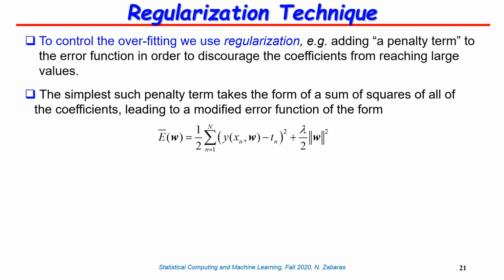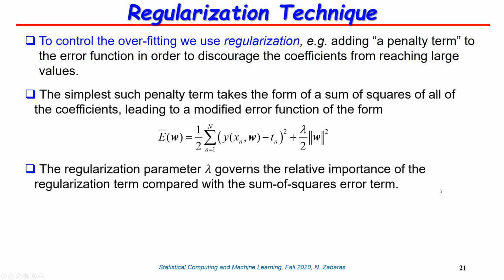I mean, of course, we have m, the order of the polynomial, and we have the type of basis functions maybe we use, but lambda here is the key parameter that controls complexity for the model.